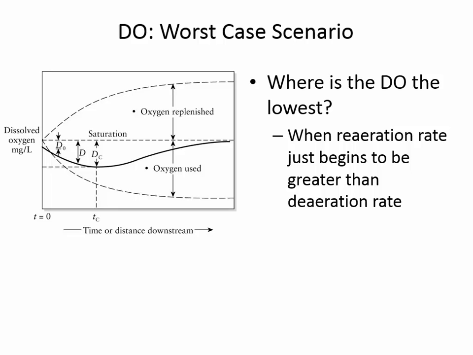The point that we're most worried about is what is going to happen to the fish that are in the vicinity of where the dissolved oxygen gets the lowest, or we want to maximize the deficit. And so you can see here it's calling that location D sub C, the critical deficit.